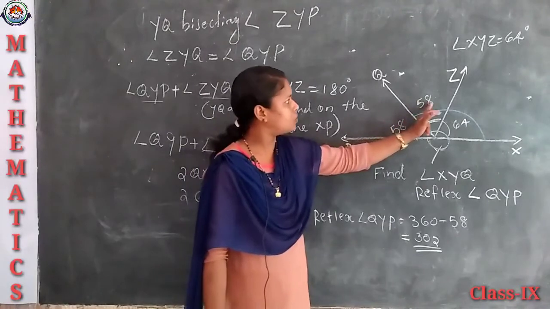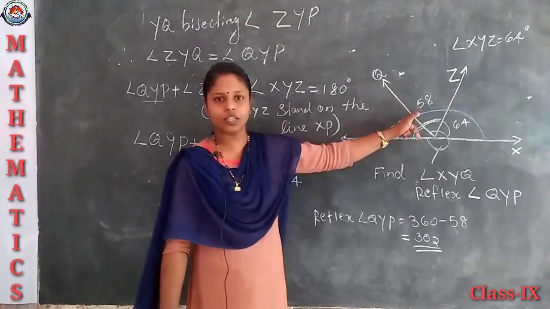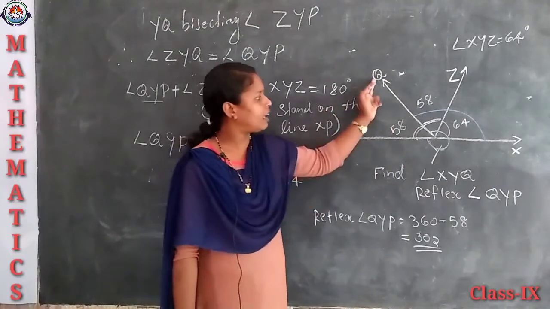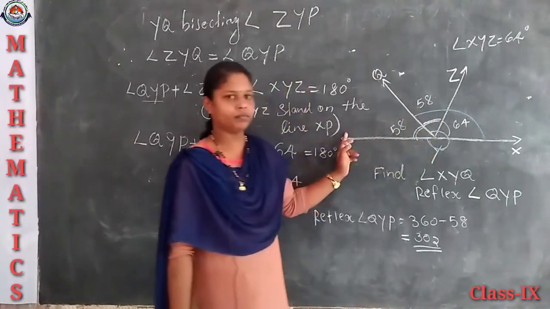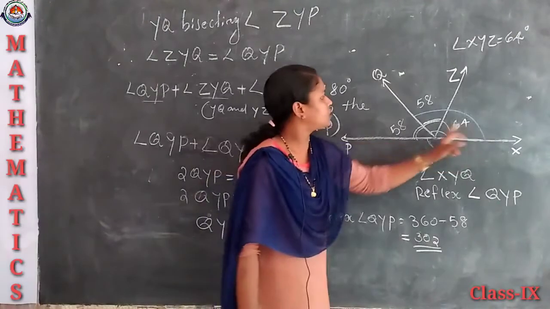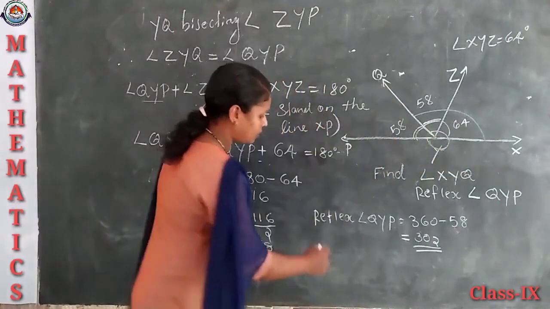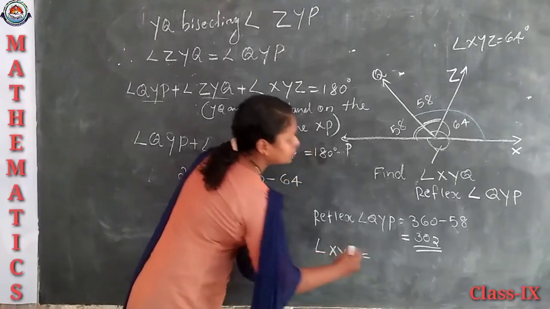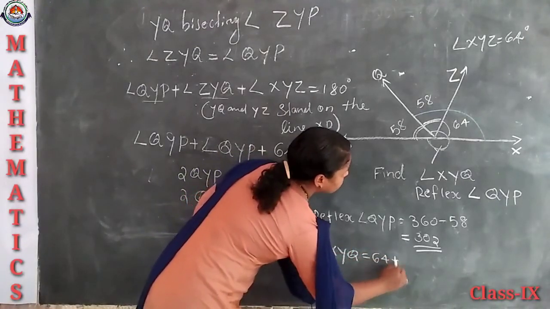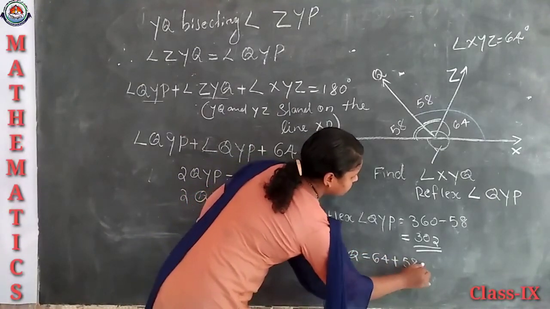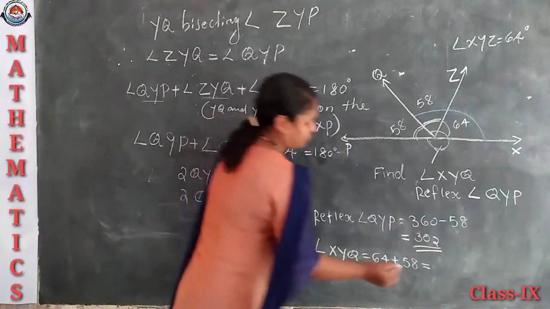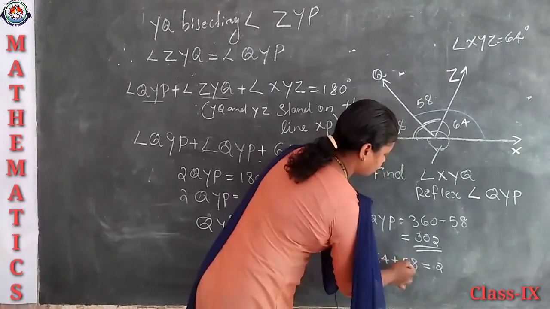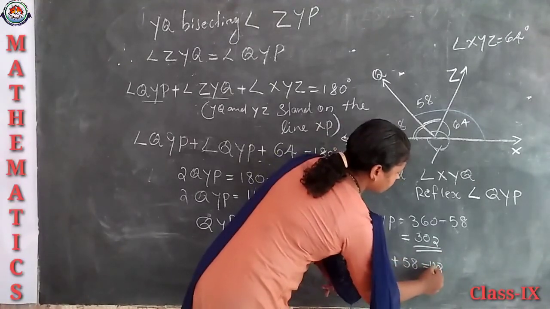Therefore, this angle ZYQ is also 58, because YQ is bisecting the angle ZYP. So angle XYQ equals 64 plus 58, which is equal to 122.